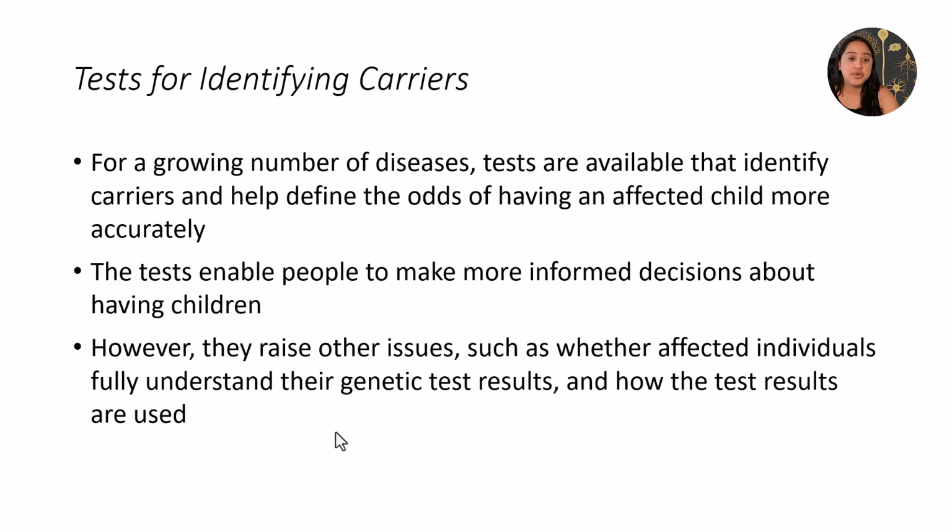For a growing number of diseases, tests are available that even identify carriers and help find the odds of having an affected child more accurately. So even before fetal testing, you can see if you are a carrier. This helps enable people to make more informed decisions about having children.